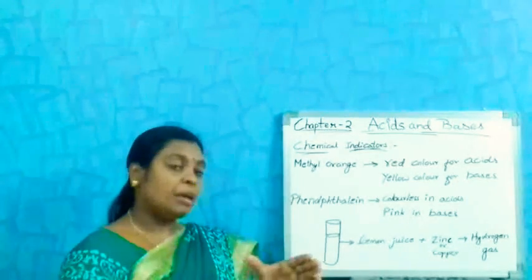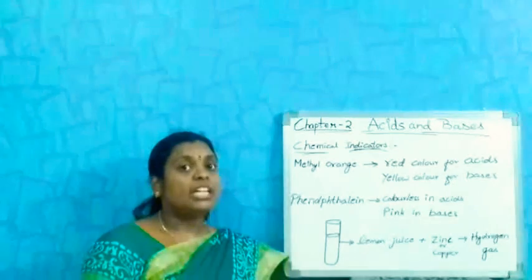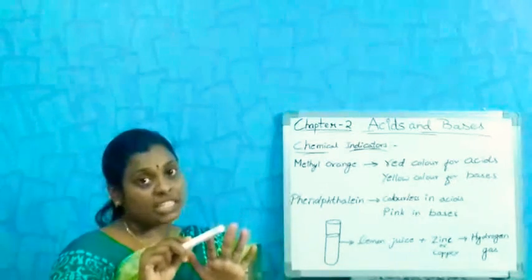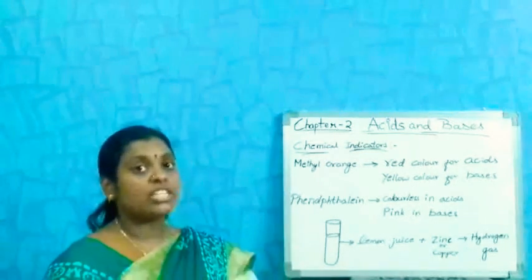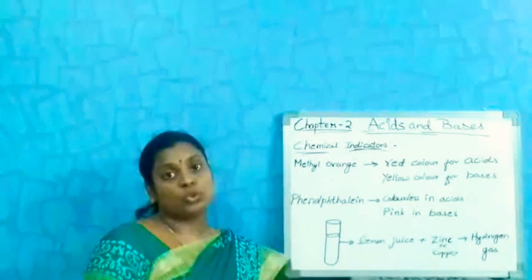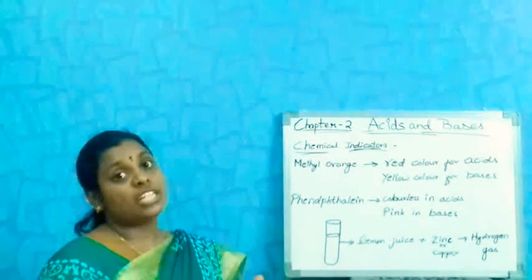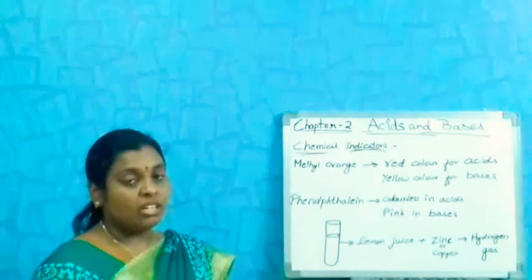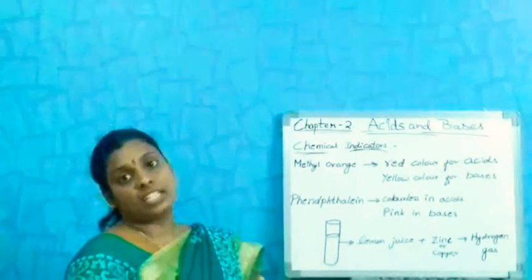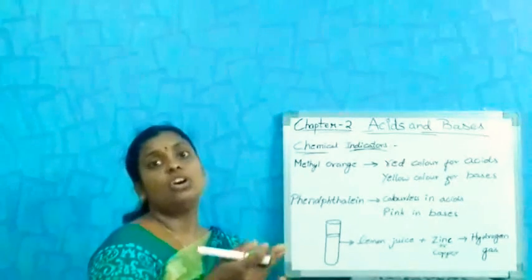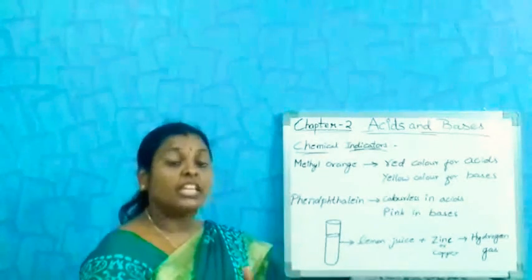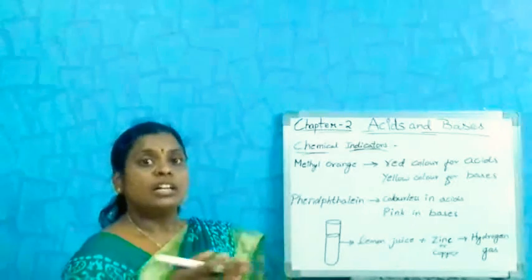When they cut the lemon with the knife, the methyl orange reacts with the lemon juice, which is citric acid. Citric acid is an acid, so the liquid turns red in color. Here the methyl orange is the indicator.